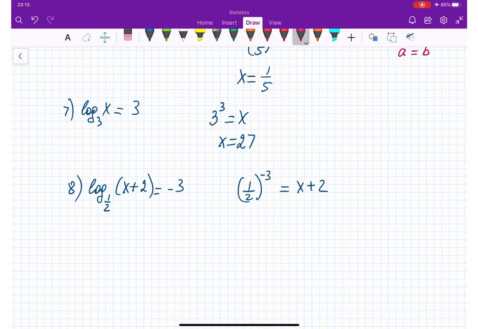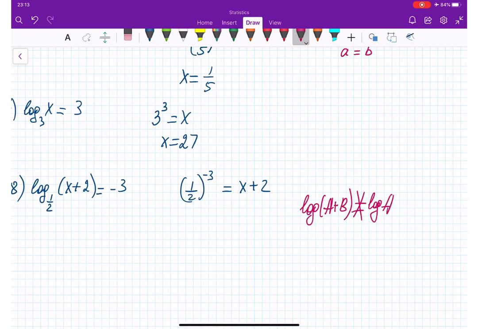One thing you need to know, if you have logarithm of a plus b, you can never write down log a plus log b. You cannot do that.